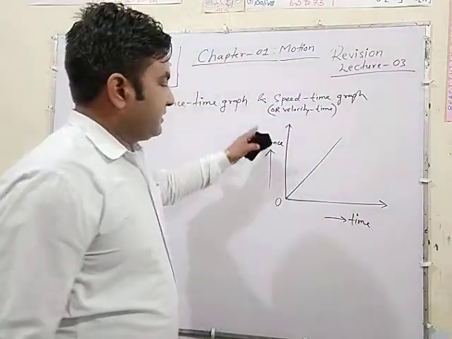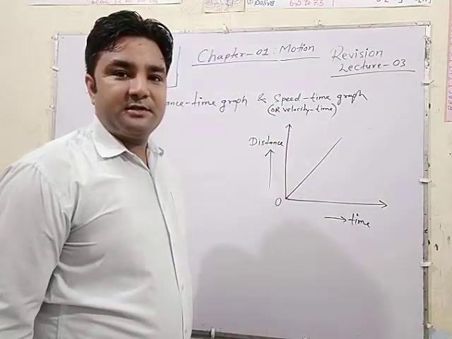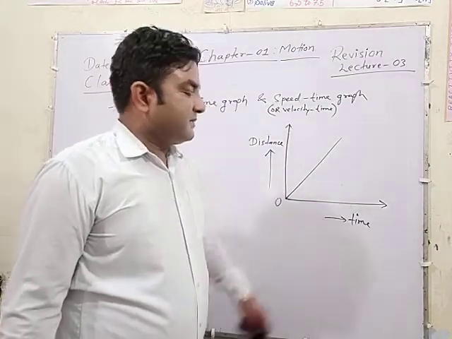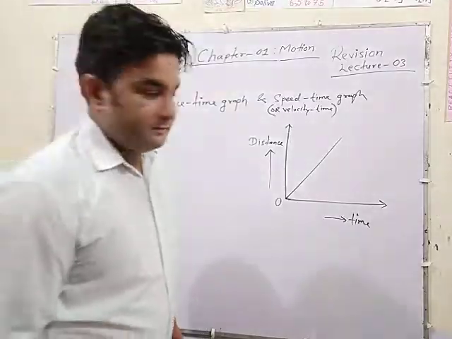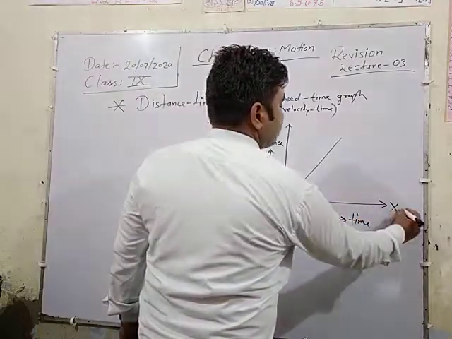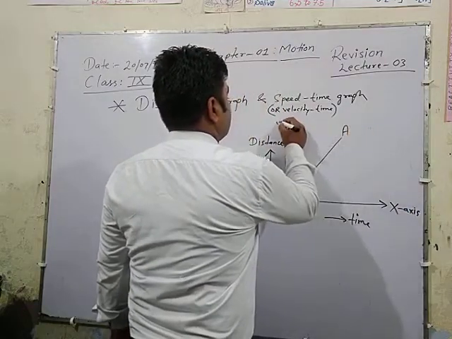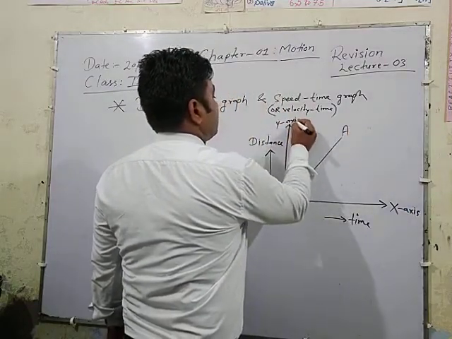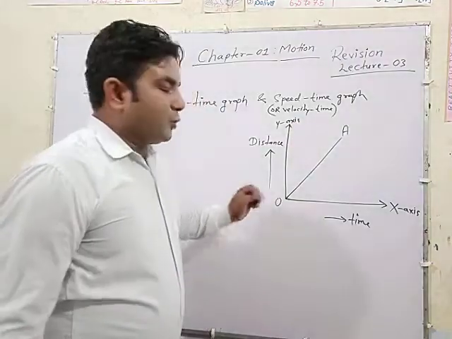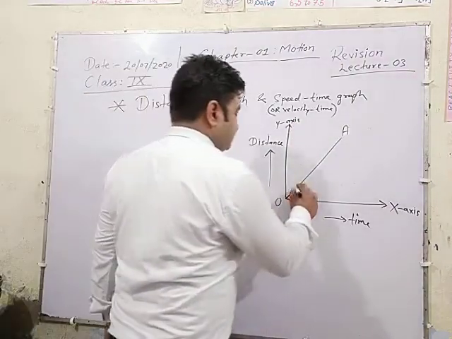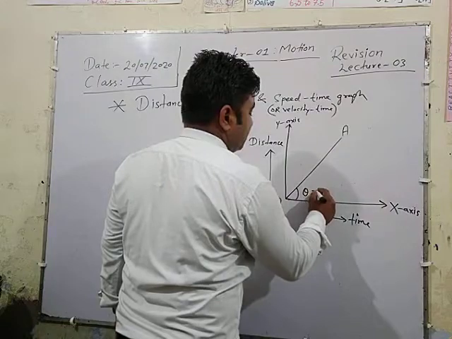Here the y-axis is representing distance, and the x-axis is representing time. And the slope of the distance time graph, this angle theta is equal to what? Slope.